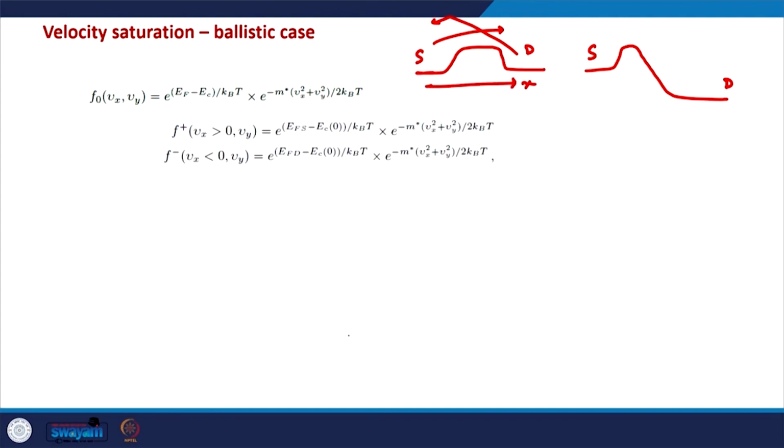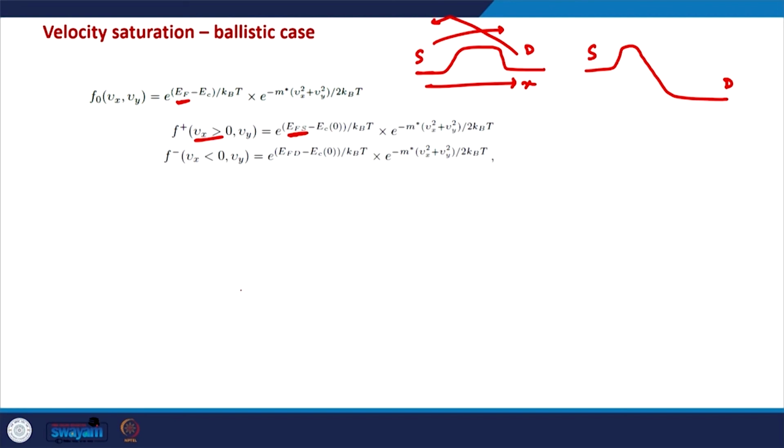So we will be focused more on the Vx component of the velocity, and for the electrons traveling from source to drain side, or positively traveling electrons, or electrons traveling in plus x direction, this EF will be EFS, because the source is where the electrons are coming from.